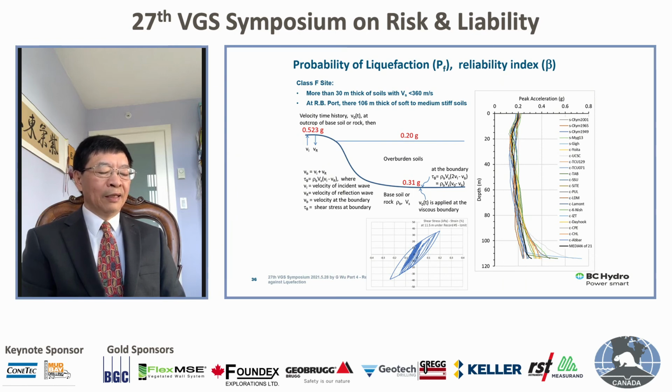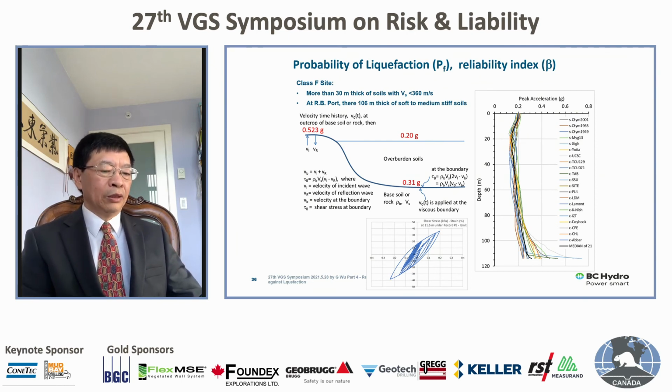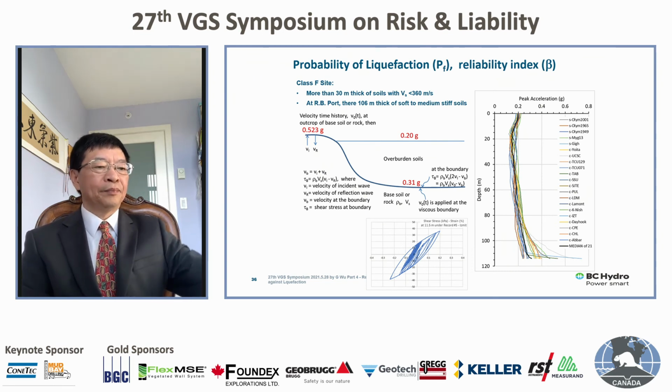And then you amplify, you transmit that to a relatively soft deposit, you get 0.2G at the surface. So the 0.2G is from the class F. But if you apply the class E using the Coates method and BCC method, you will get 0.38G. So next slide.